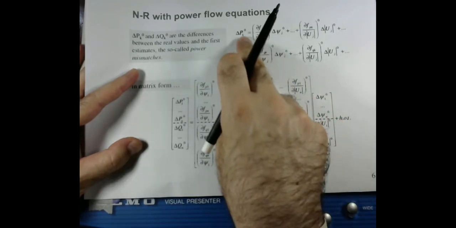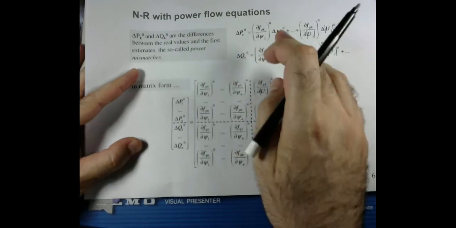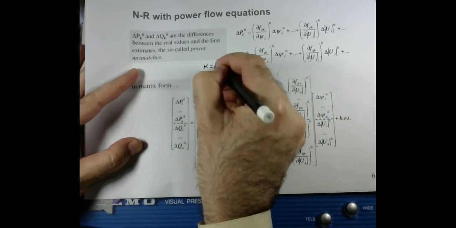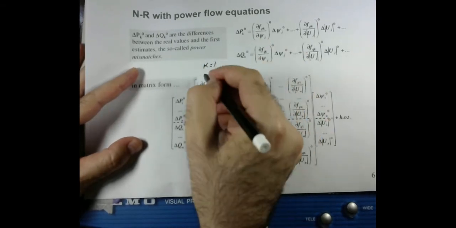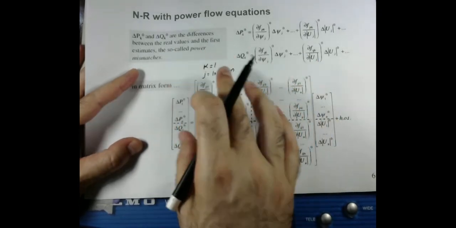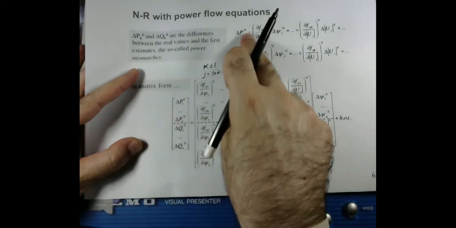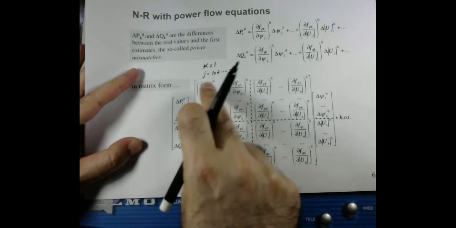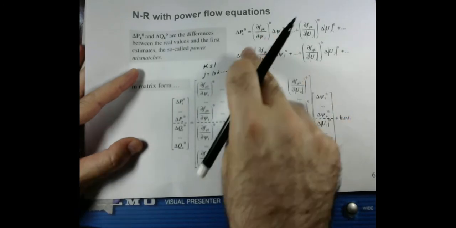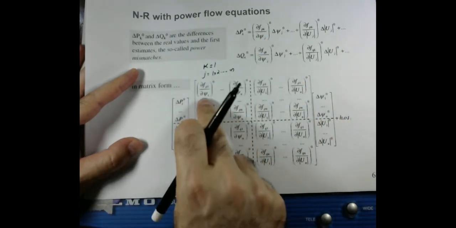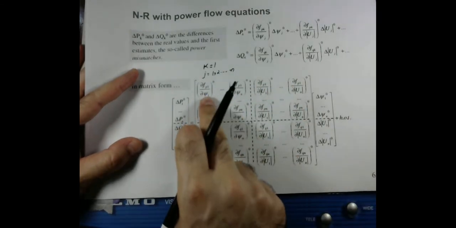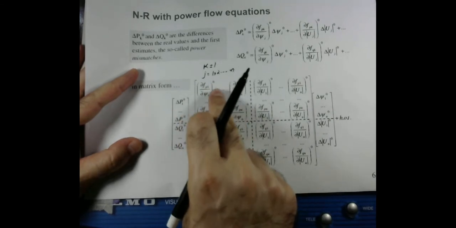If we take only the first case, K equal to 1, this will become delta P1, and in the matrix form it will become the derivative of this function, where K is 1, P is the active power, and J varies from 1 to n depending on how many buses we have in a particular network.